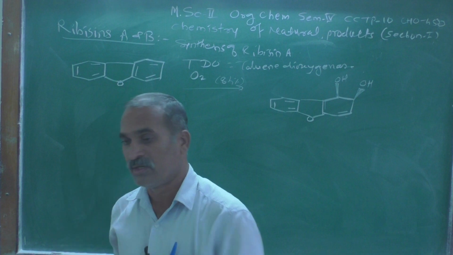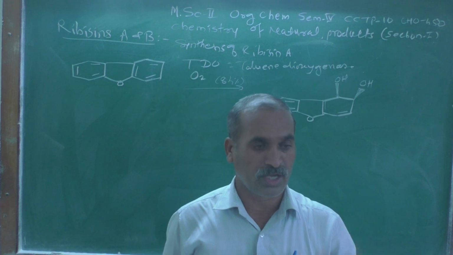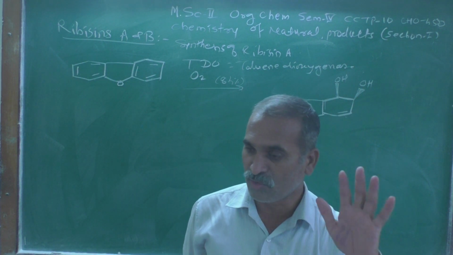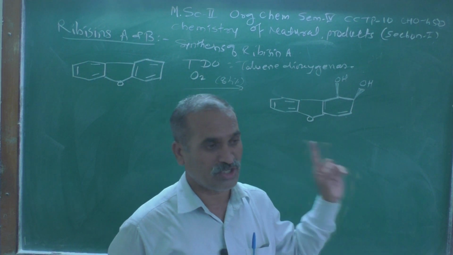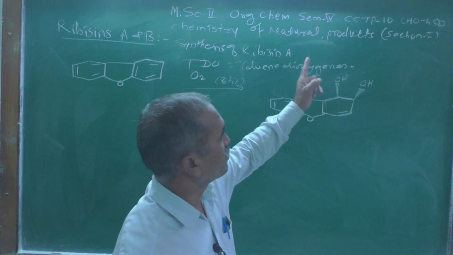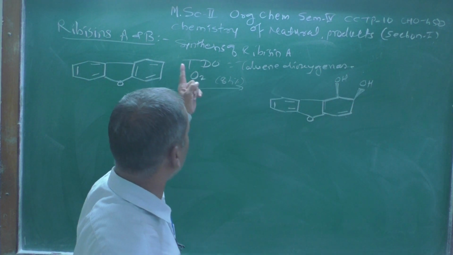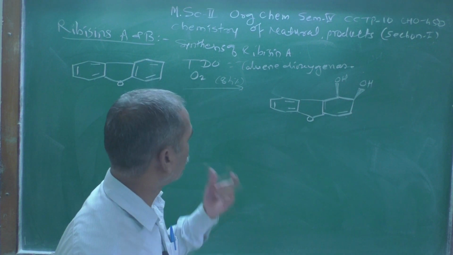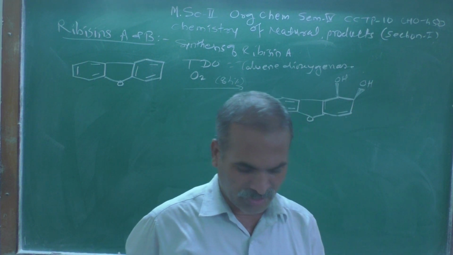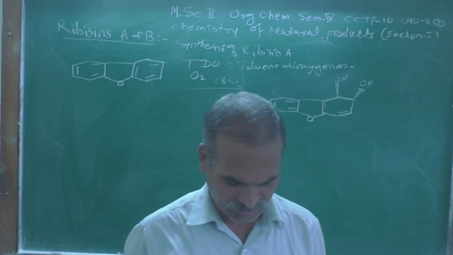That is the general rule we have learned so far, but here there is an exception. It gives cis hydroxylation with that specific reagent, TDO. You should remember that, the speciality of this conversion.